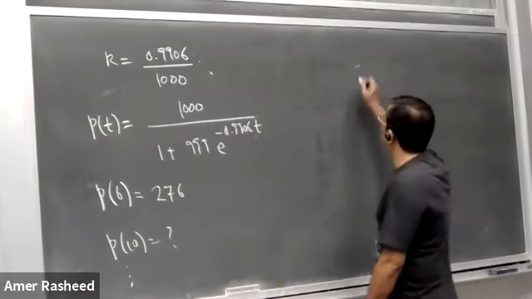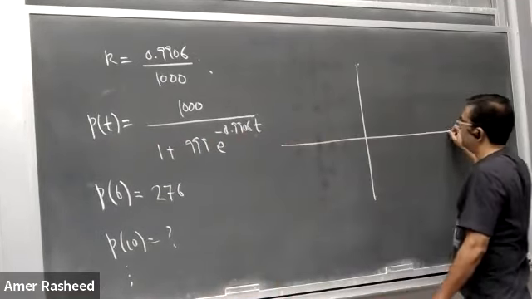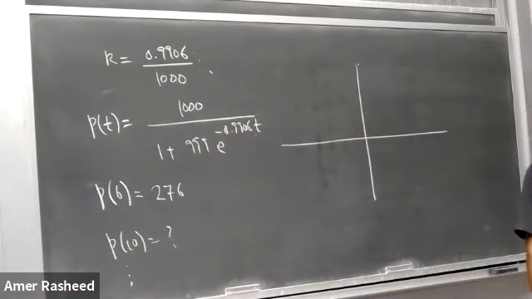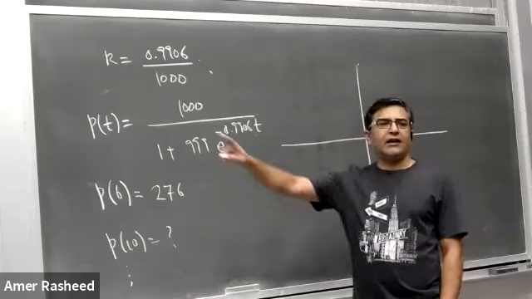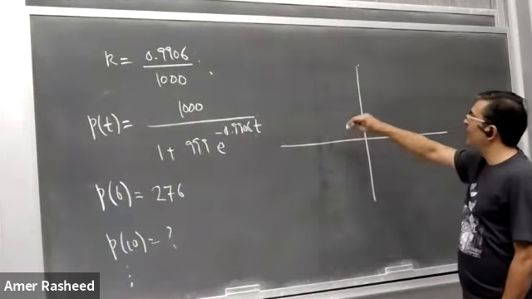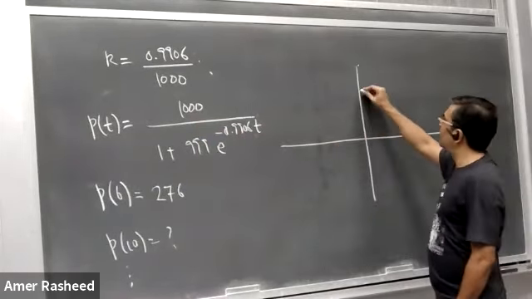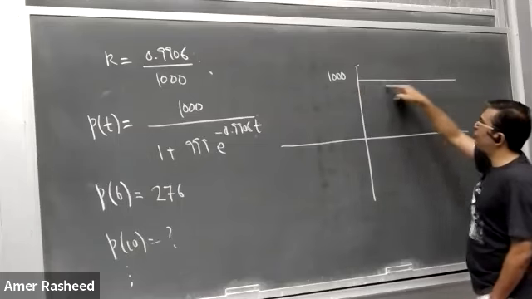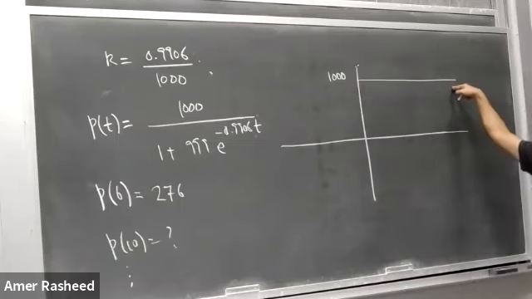So in this case, the solution of this logistic growth equation is this. If you plot this, it will be of this form. Here you have carrying capacity. The solution cannot cross this line.